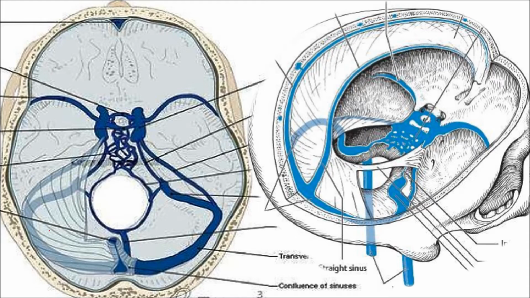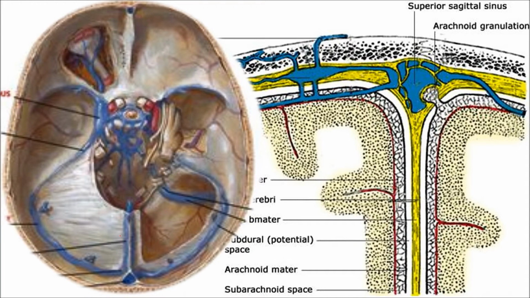Now, note that the sinus itself is engulfed by both layers, as we said, which are the meningeal layer and the endosteal layer. Now, let's think about a trauma that is tearing one of the sinuses, like the straight sinus or the sagittal sinus. So, if this tear involved the endosteal layer only, then where will you expect the hematoma will be?